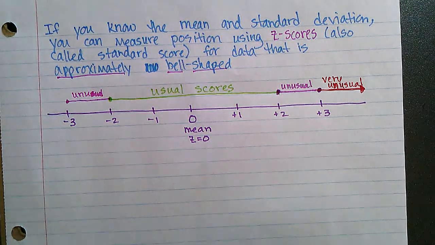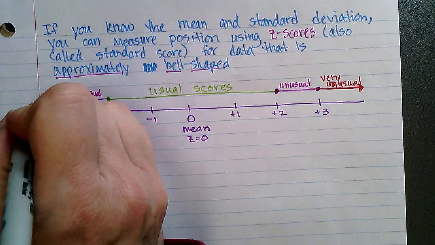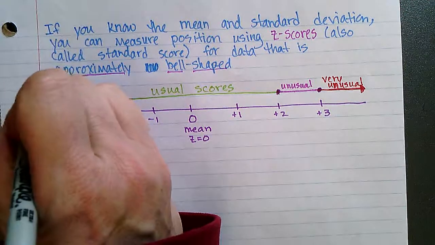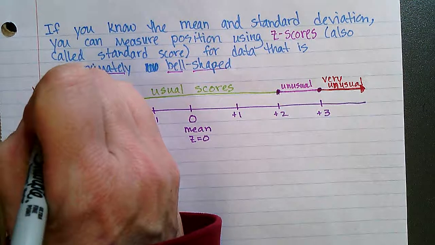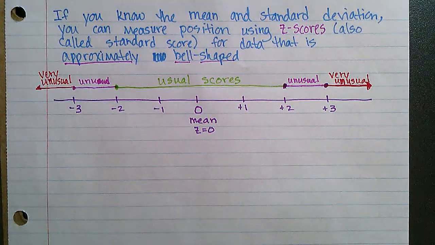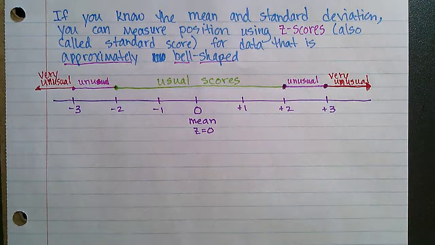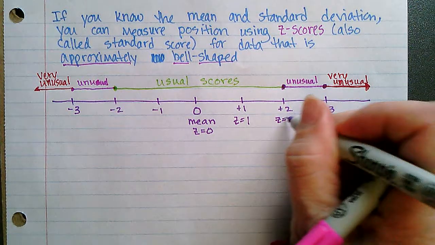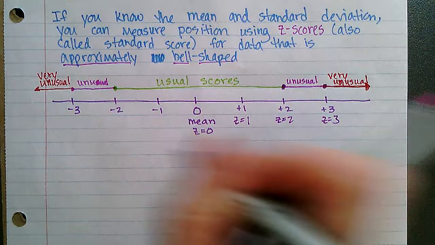And then very unusual would be 3 or more standard deviations away from the mean, which means the z-score is higher than 3 or lower than negative 3. So let's get a formula for z-scores. All of these are z-scores. So z equals 1, z equals 2, z equals 3.